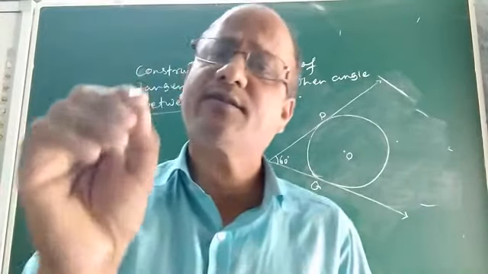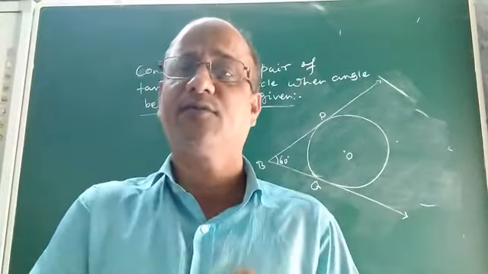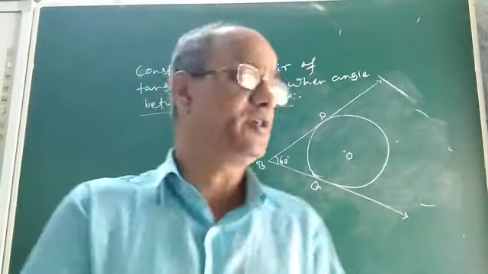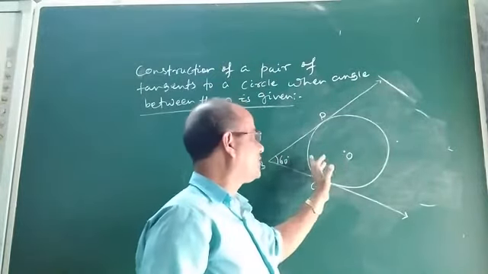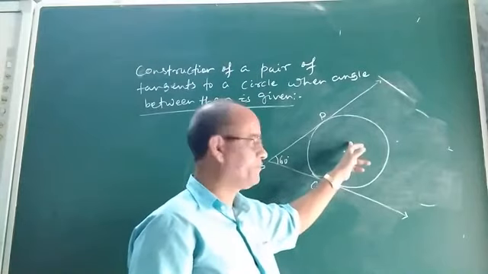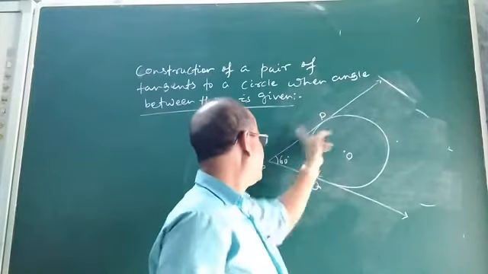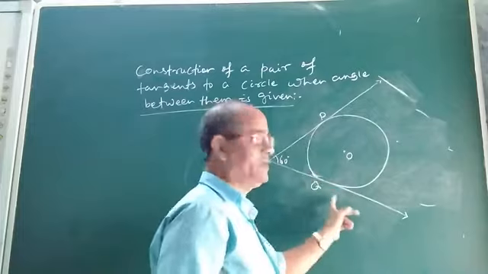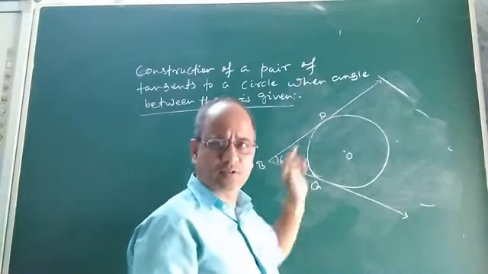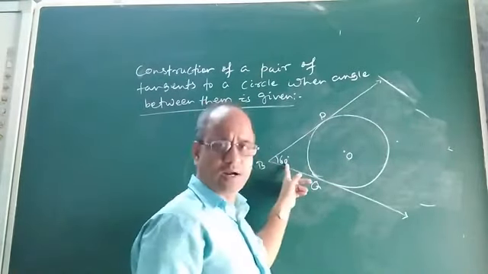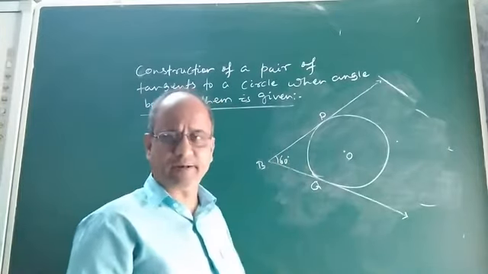Now today let us discuss a special case. Look at this figure. Suppose you are given a circle. BP and BQ are two tangents drawn to this circle such that the angle between the two tangents is given.